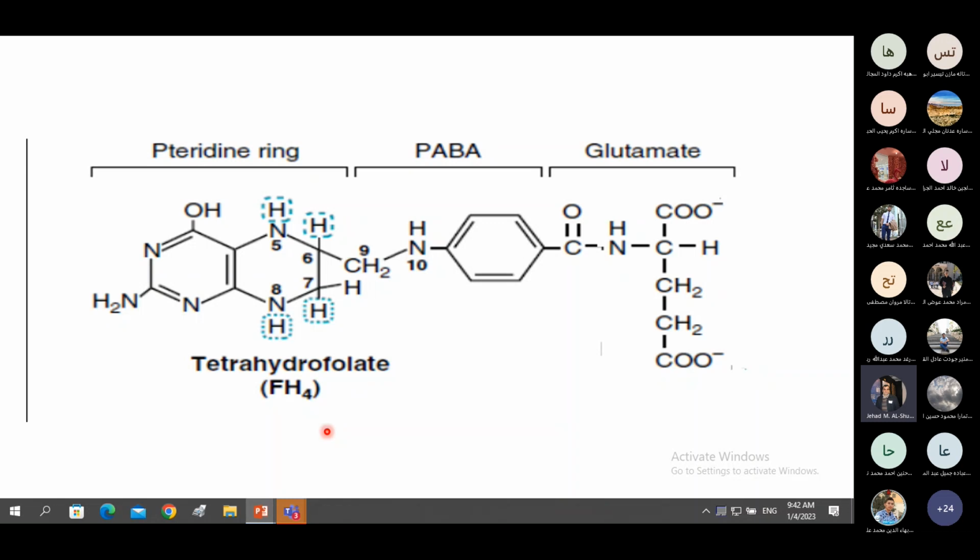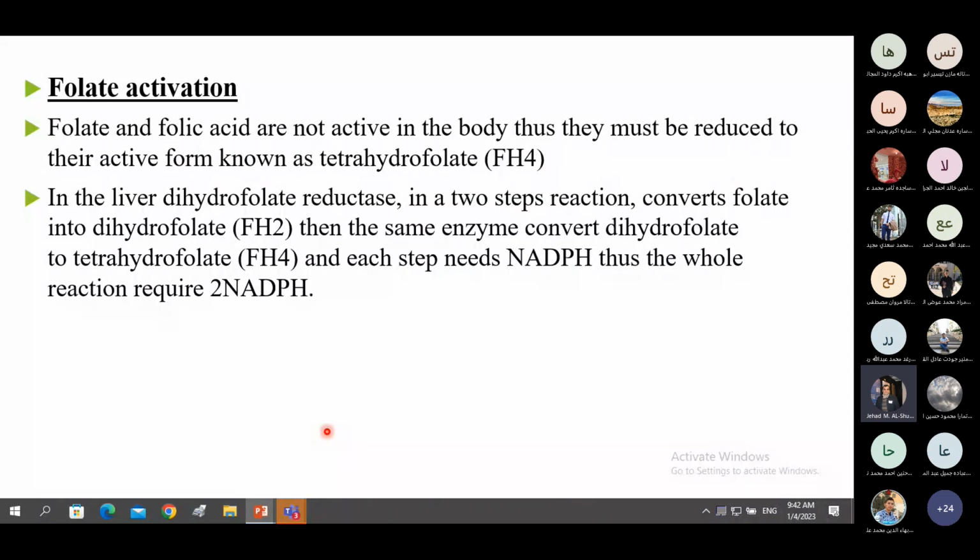What is the name of the enzyme that places or donates these 4 hydrogens? We call it dihydrofolate reductase. This reaction occurs in 2 steps.